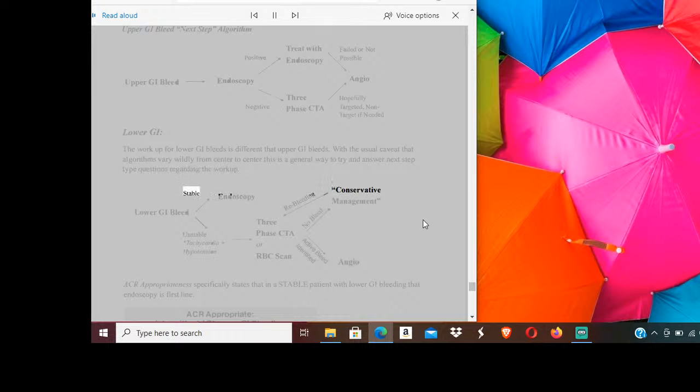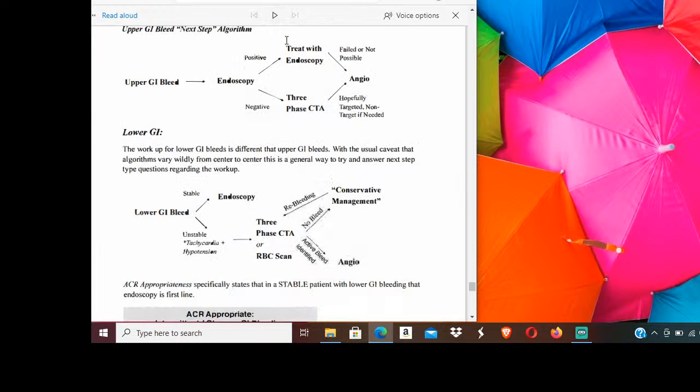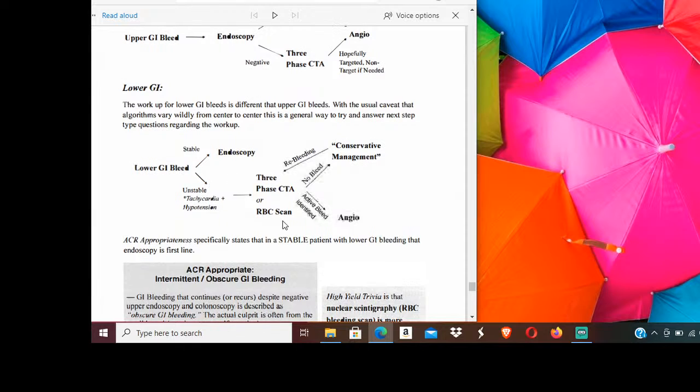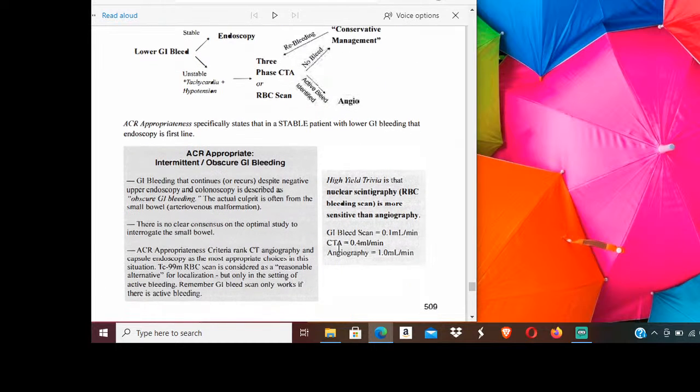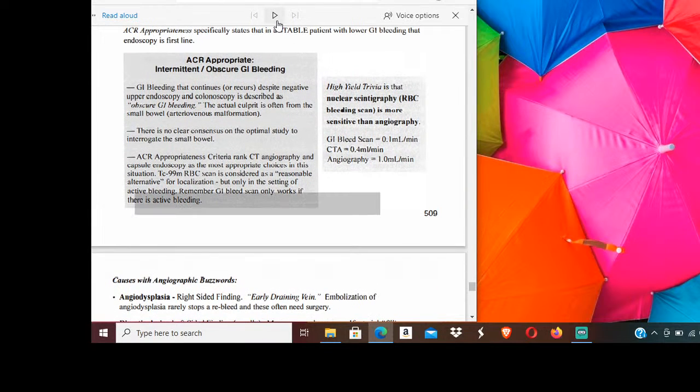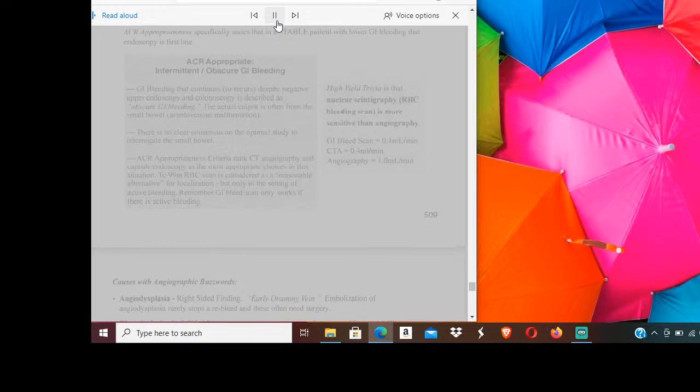Conservative if stable. Lower GI bleed: endoscopy, then angio.